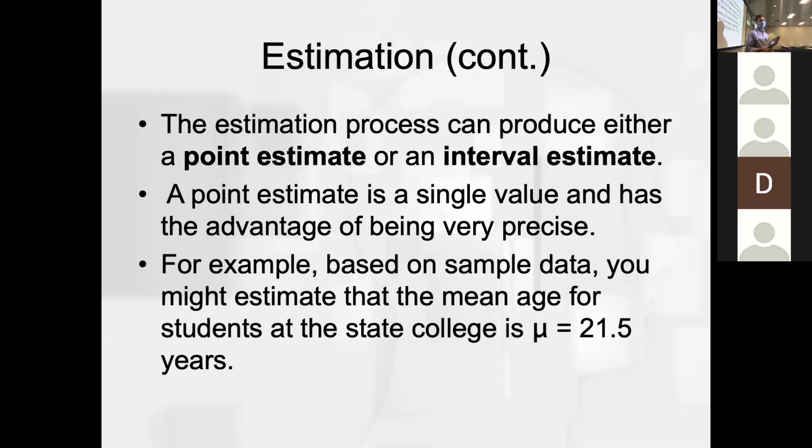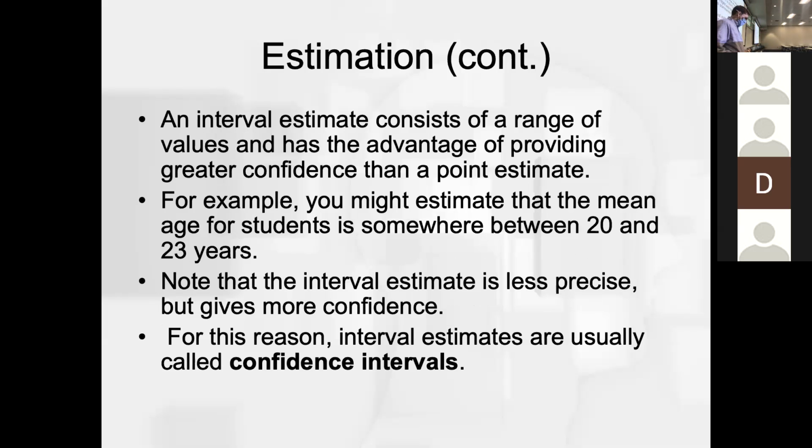I'm going to say 21 and a half years old. It's a single datum, datum being the singular of the plural data. The interval estimate, on the other hand, is going to give us that range of values and has the advantage of providing a greater confidence in our answer than a single point.